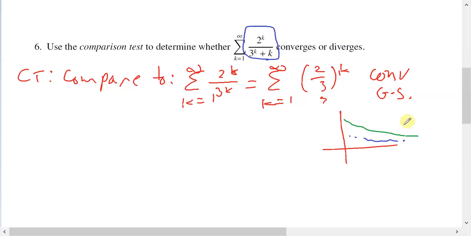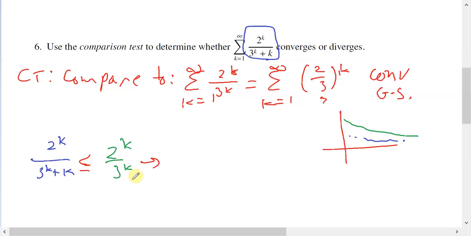If this one were above, it could be finite or not be finite. We don't know, not based on what the green graph is. So taking this one, compared to this 2 to the k over 3 to the k, what I need to verify is that the green graph is above that one, greater or equal, doesn't matter there.